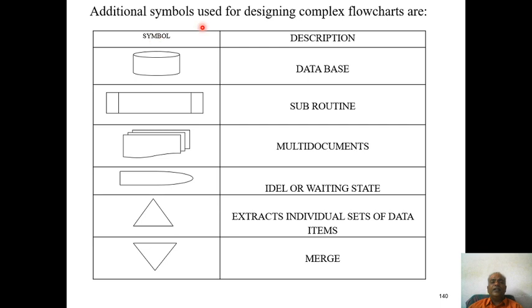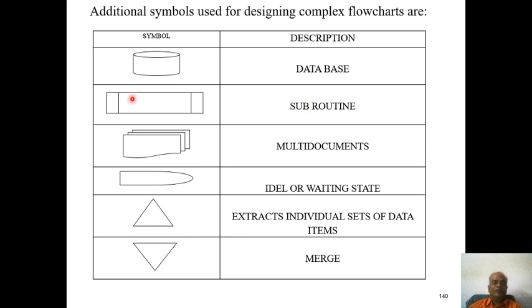The additional symbols used in designing complex flowcharts include one for representing a database. In C programs we may not use these notations, but in complex flowcharts we may. Try to remember these symbols also, as they may be asked in the examination. For the C programming language, the symbols already discussed are more than enough.